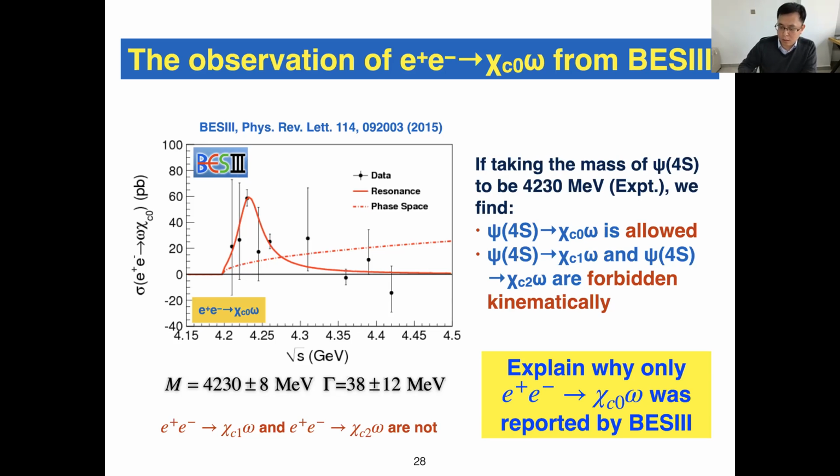So this can explain why only e+e- to chi_c0 omega was reported by BESIII.